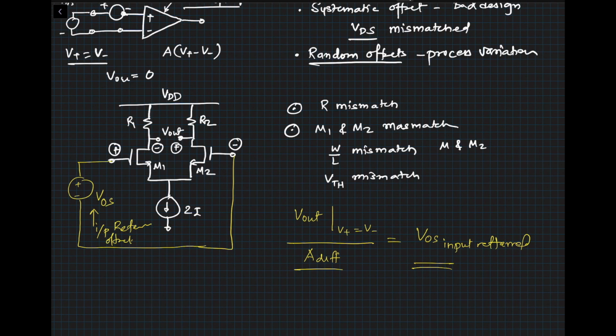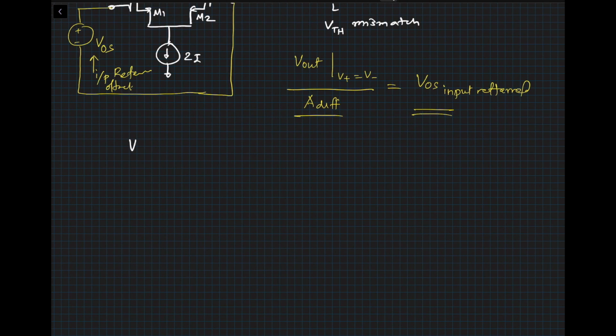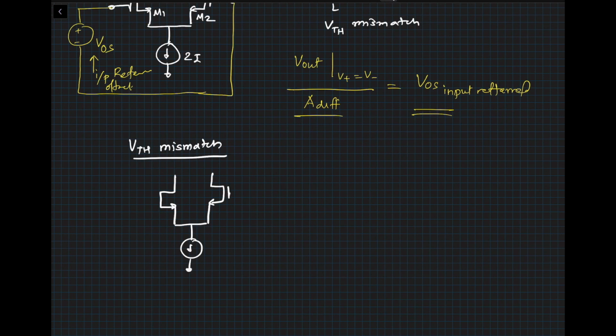So let's look at different components of offset and try to understand how to calculate the offset. The first one would be, let's say, you have VTH mismatch. I'm just going to show only this part because that's the only relevant part. You will have two transistors. One of them will have VTH1, the other one will have VTH2.